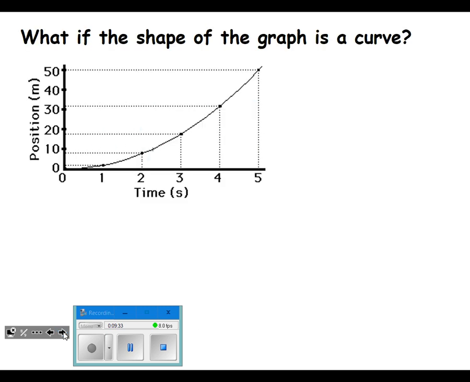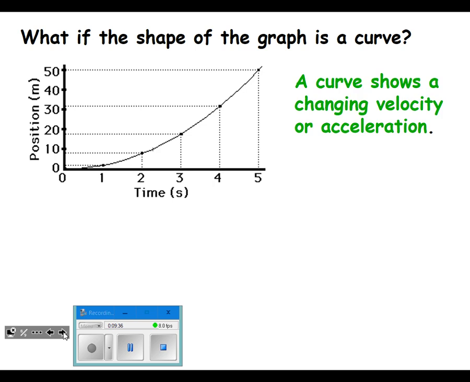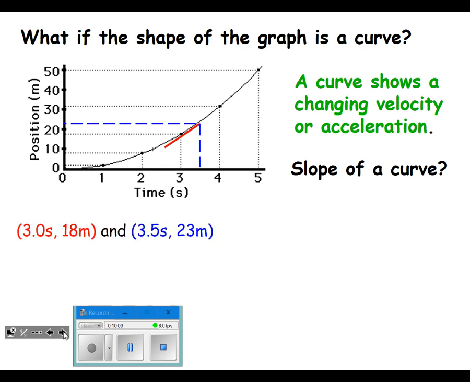So what if the shape of the graph is a curve again? That means that the object is now accelerating or changing velocities. Now, to find the slope of a curve is kind of difficult. There's lots of different ways that we can do that, but really you just take two different points along the curve, so we could say 3 and 18, and then 3.5 and 23, and we could find a slope.